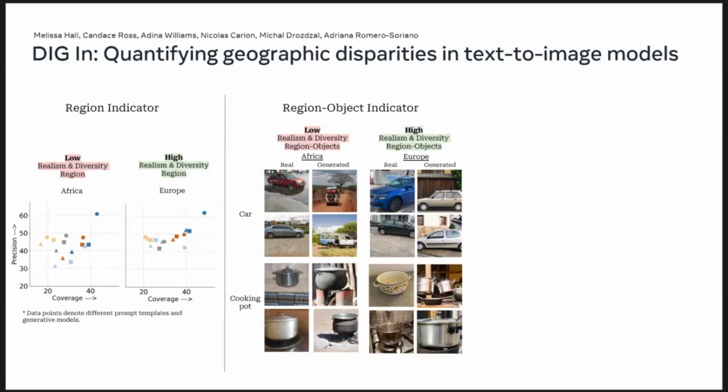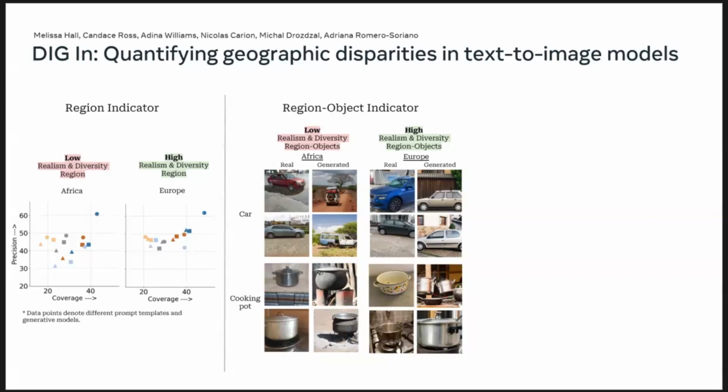What we observe here is that the generations that we obtain when prompting for objects in Africa tend to be more dissimilar to the ones that we find in the data set of real images. So notably, what we observe, for example, in the case of cars, is that the model tends to generate SUV-like cars that are in relatively rudimentary conditions in very much rural background.